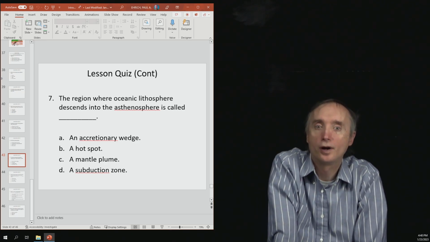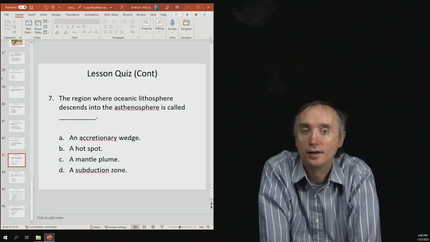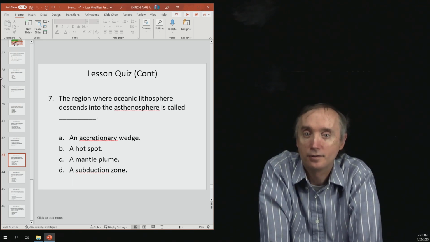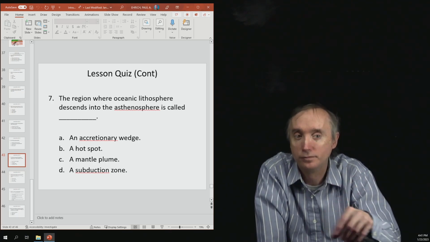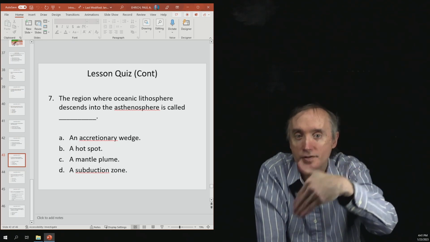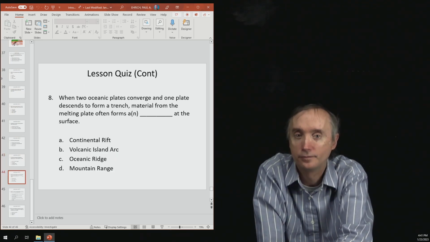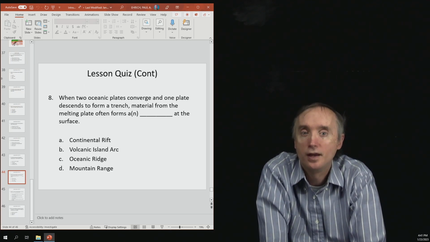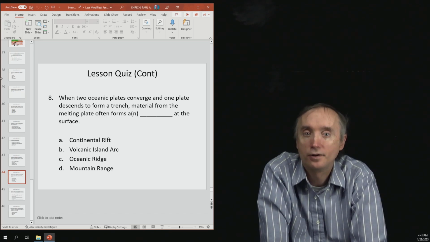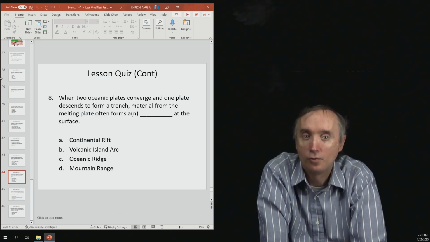The region where the oceanic lithosphere descends into the asthenosphere is going to be called a, remember, submarine subduction. So that's going to be a subduction, is where it goes down. Number 8, when two oceanic plates converge and one plate descends to form a trench, material from the melting plate forms what?